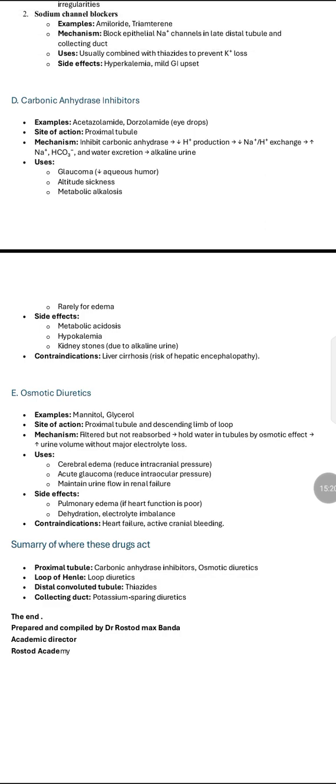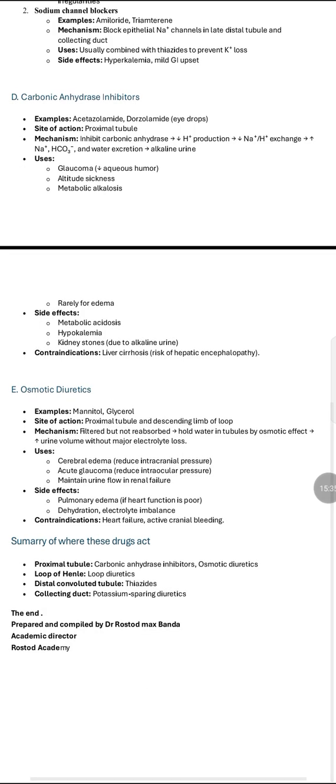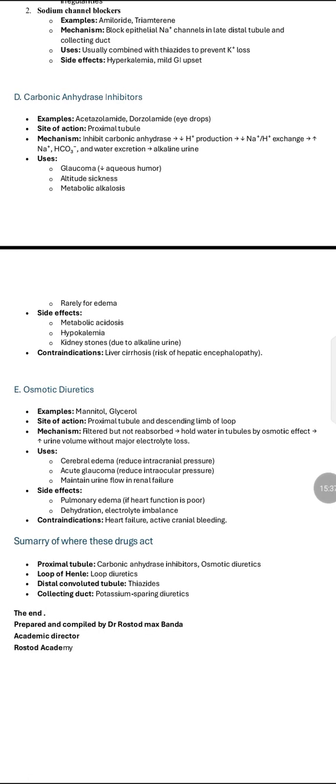So we don't want them in blood, so we make sure that there is excretion. Side effects, okay, uses: glaucoma. Okay, these are mostly used in glaucoma treatment. Side effects: metabolic acidosis, hypokalemia, kidney stones. Don't give to people with liver cirrhosis.